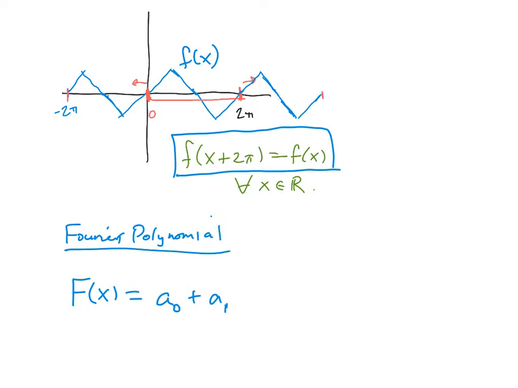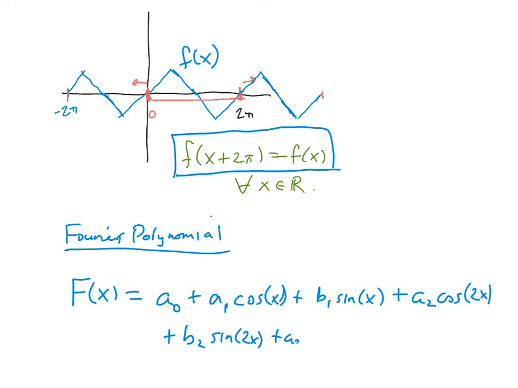So it's going to have some term a1 cosine of x, plus b1 sine of x, plus a2 cosine of 2x, plus b2 sine of 2x, plus a3 cosine of 3x.